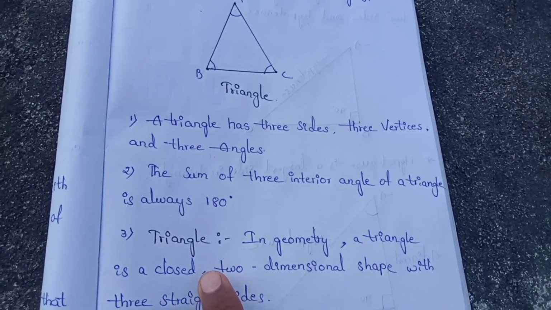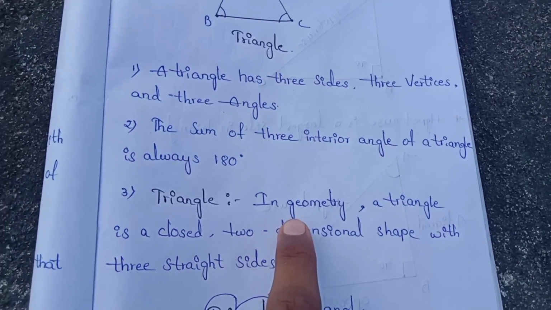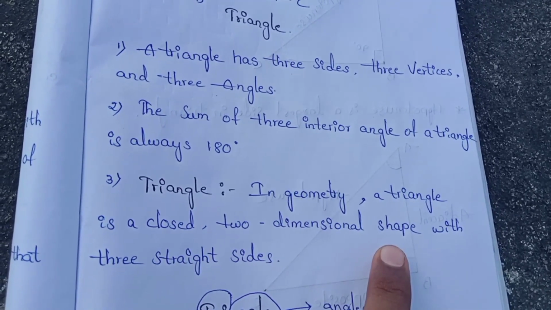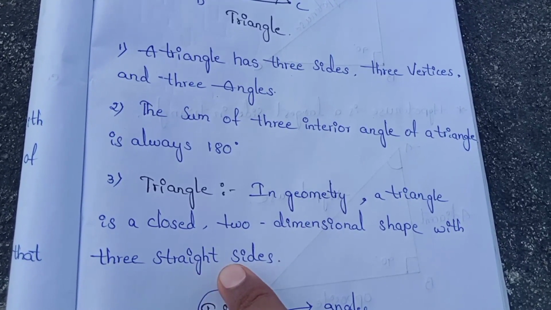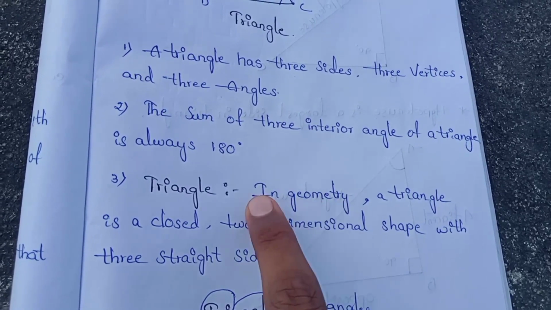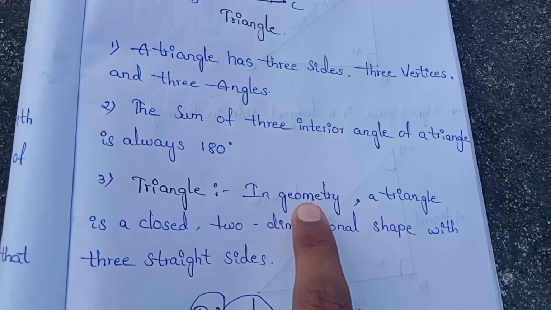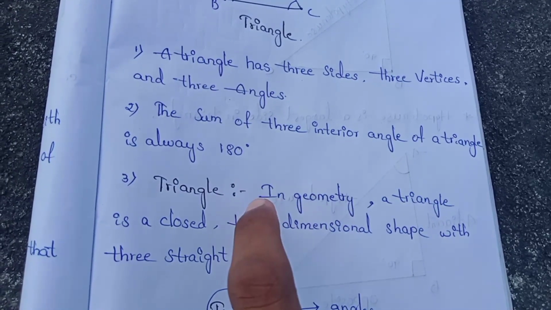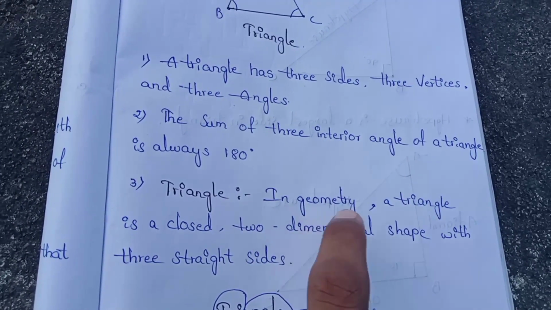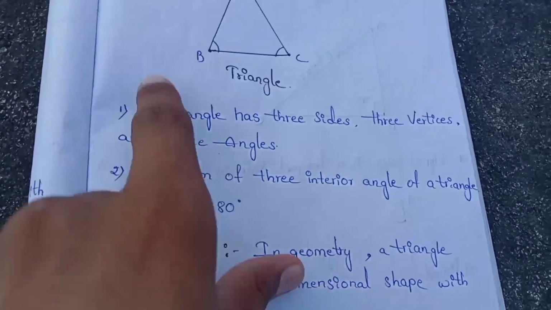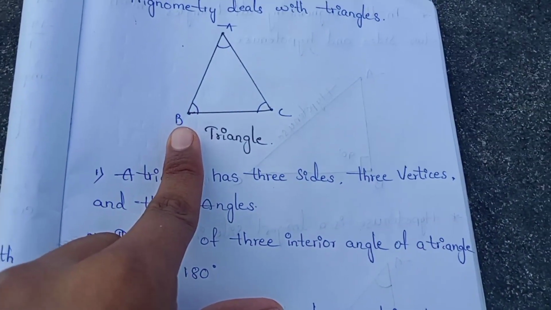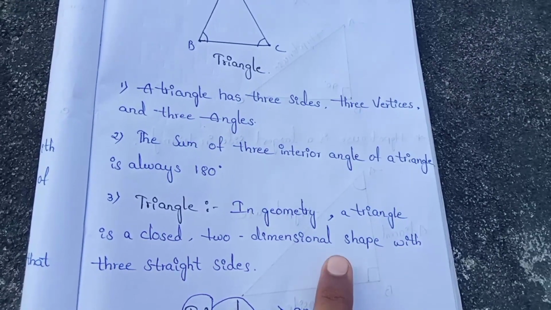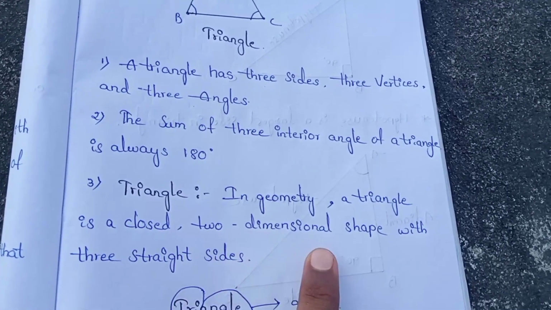Now let us discuss what a triangle is. In geometry, a triangle is a closed two-dimensional shape with three straight lines. In geometry, geo means earth and metry means measuring. It is a closed figure and a two-dimensional shape.